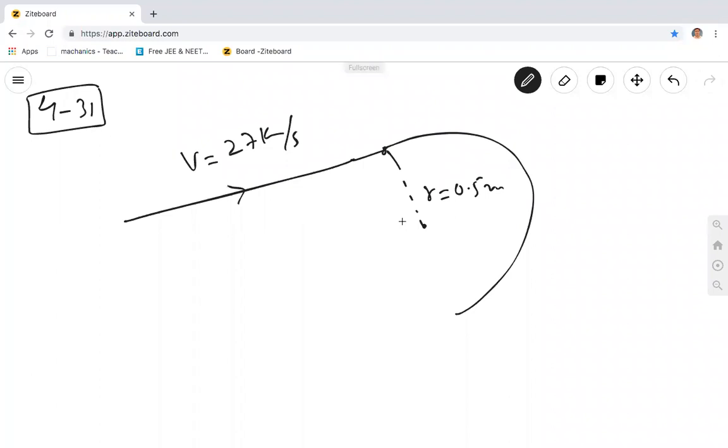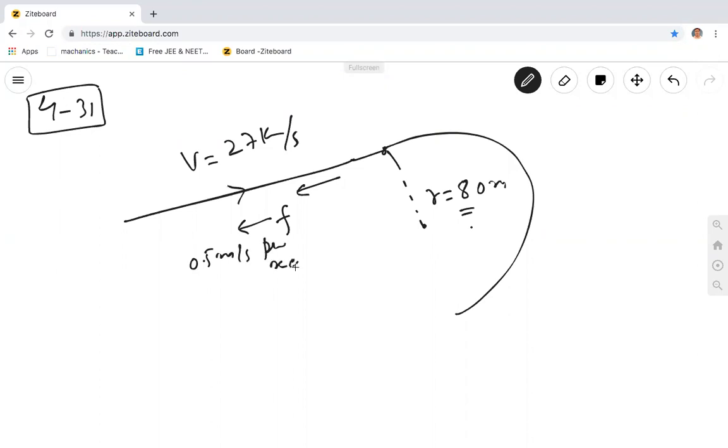Of radius 80 meters. He applies brakes because if he moves faster, he cannot negotiate this curve. When he applies brakes, he creates a reverse force, and that reverse force creates an acceleration in the backward direction, that is 0.5 meter per second per second. What do you mean by that?